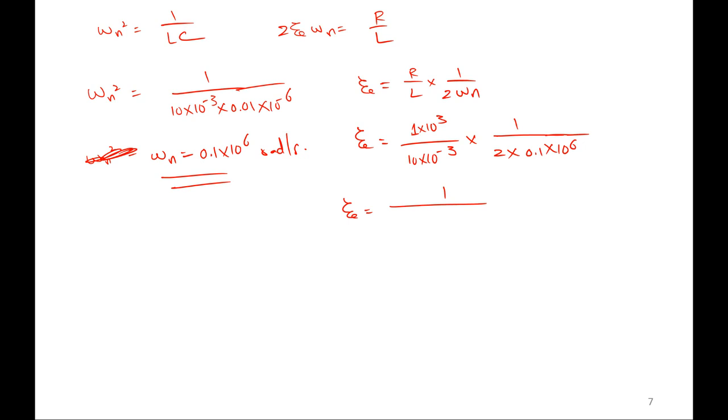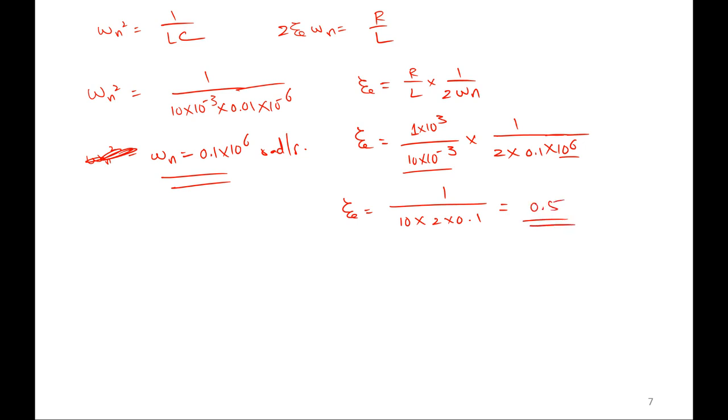So I am getting 10 in total. Then 10 into 2 into 0.1, taking the inverse of this, gives zeta equal to 0.5.